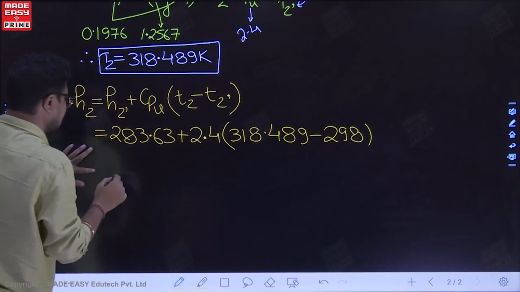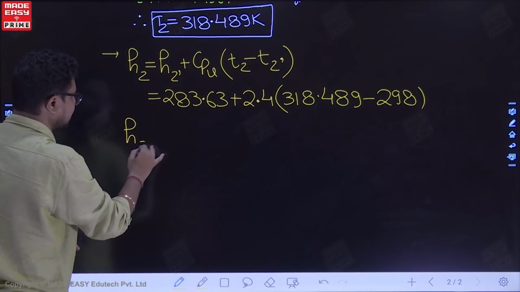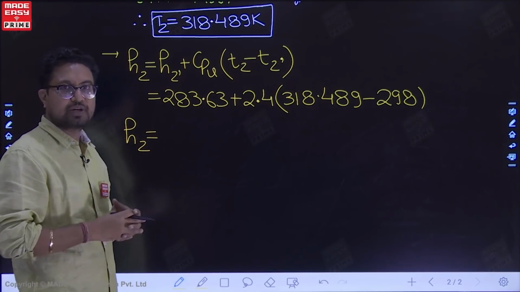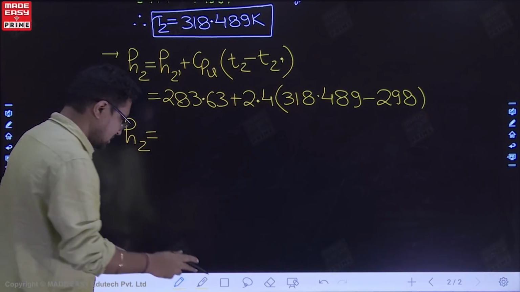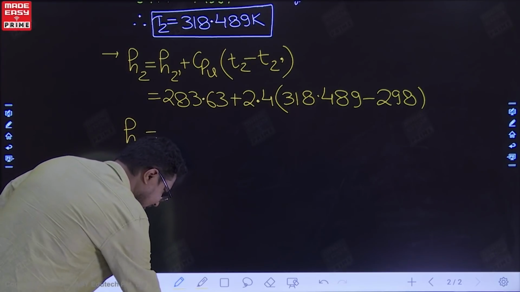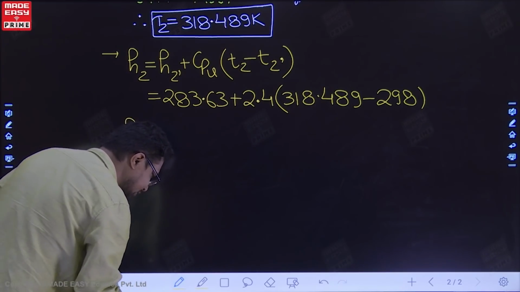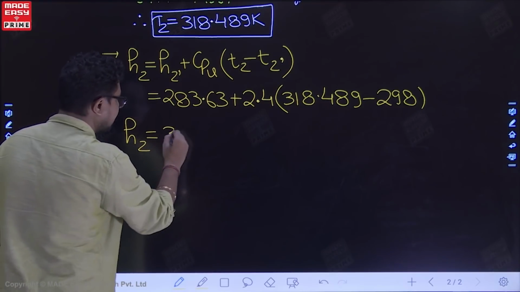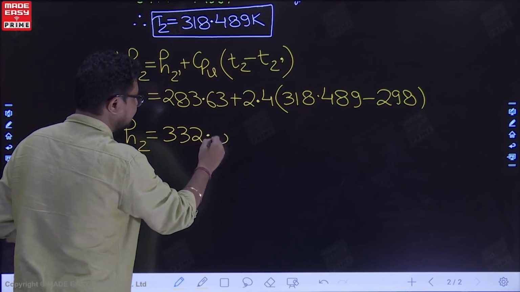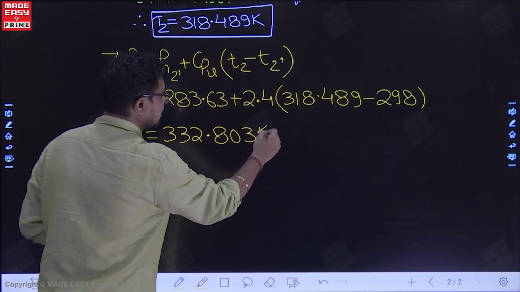So you can calculate H2 using this equation. The value of H2 is 332.803 kilojoule per kilogram.